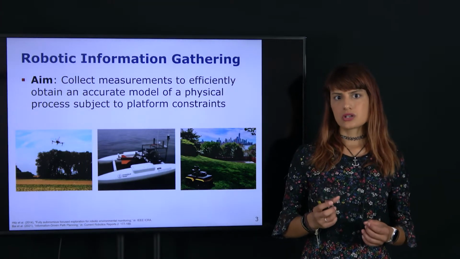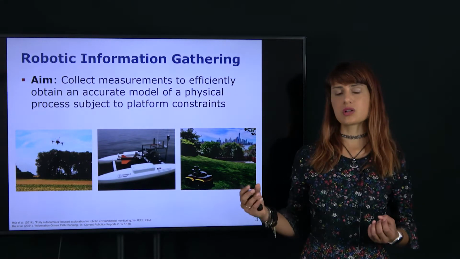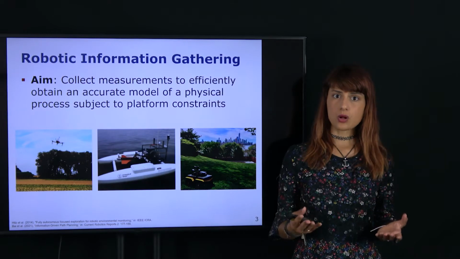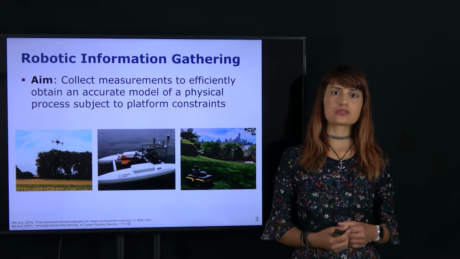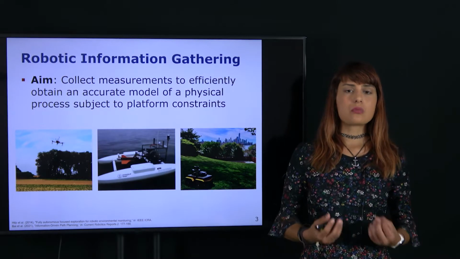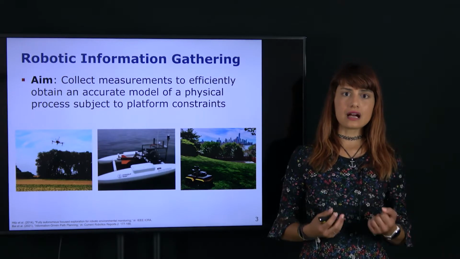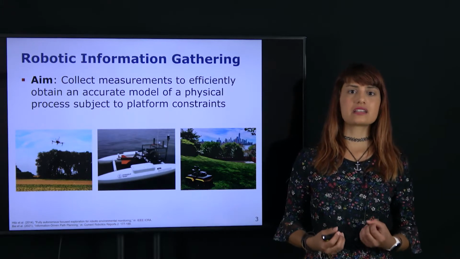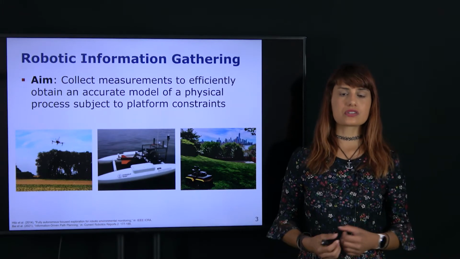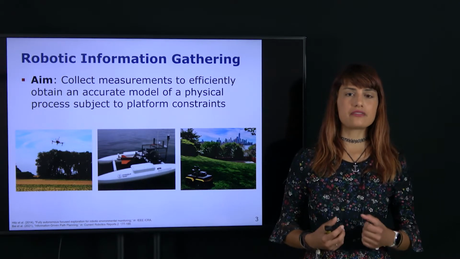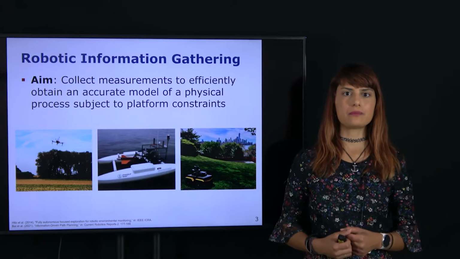Efficiency is a key word here because it relates to the robot's platform constraints. If we use a very small robot, we might be extremely constrained in its battery life and computing capacity. So robotic information gathering seeks to tackle these problems and generate very efficient ways of using these limited resources on board physical platforms in order to collect data in the most efficient or the most informative way.